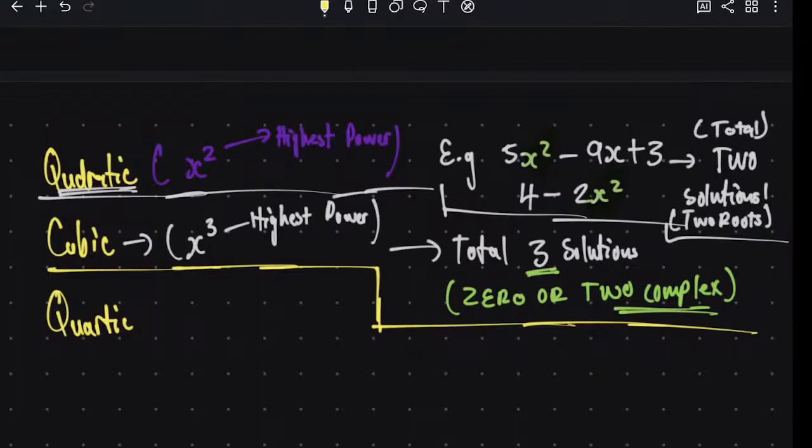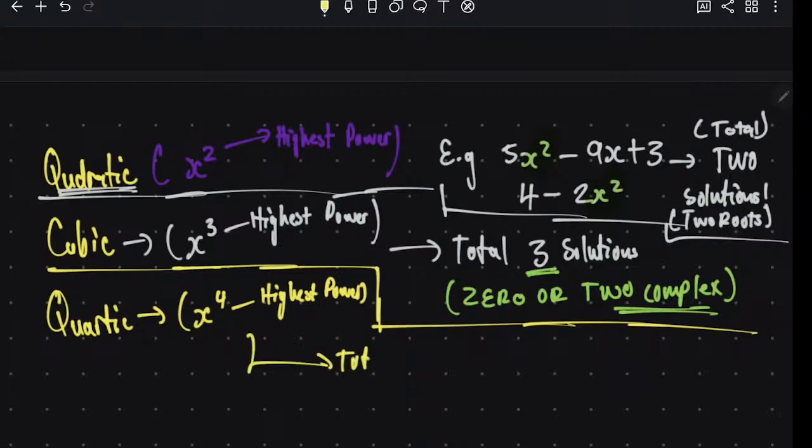What about for quartic now? You now have x to the power of 4 as your highest power. It should have in total 4 solutions, because the highest power is x to the 4.